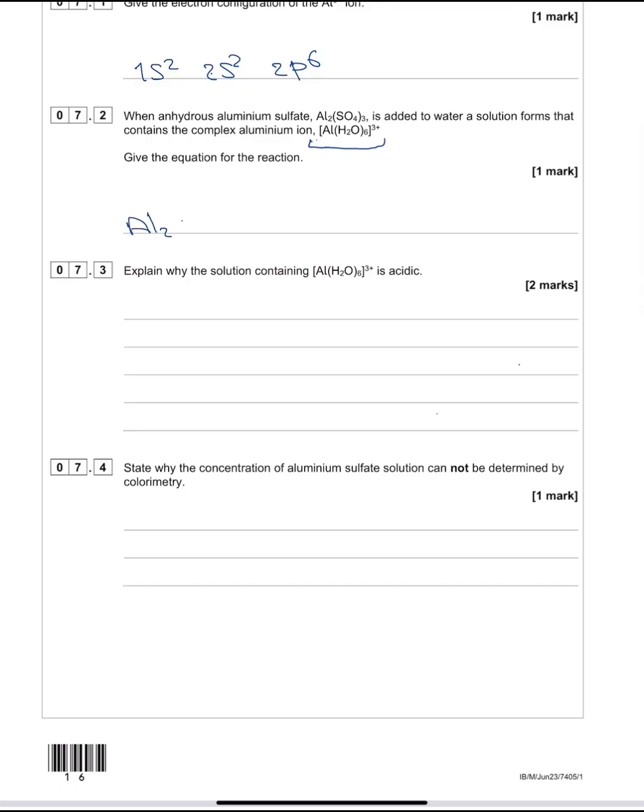So the aluminum sulfate, and then we need to add the water molecules. In this case, we're going to add 12 molecules of water, because there are 2 atoms of aluminium here, and we would need to give 2 of the aluminium complexes. So Al(H2O)6, each with 6 water molecules, of course 3 plus, plus the 3 sulfate.